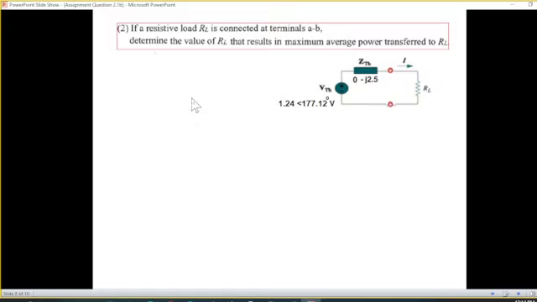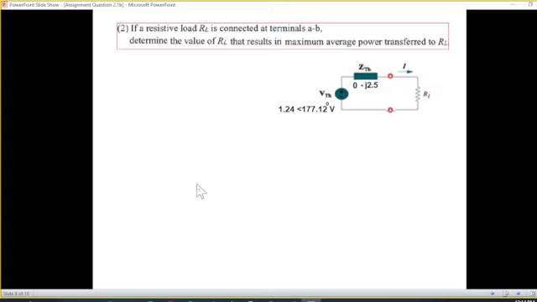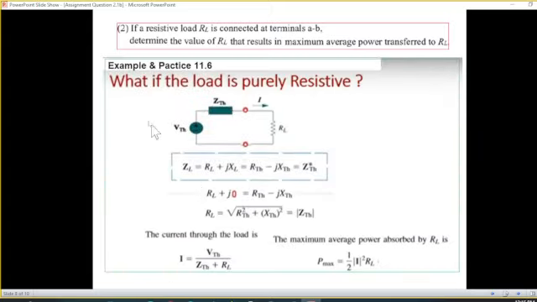Now part 2 says, if a resistive load RL is connected to the terminal, so this load, determine the value of RL that results in a maximum average power transfer to RL. So for maximum average power, the condition for RL is explained in the book also, and in the example that I have solved, I have also highlighted this.